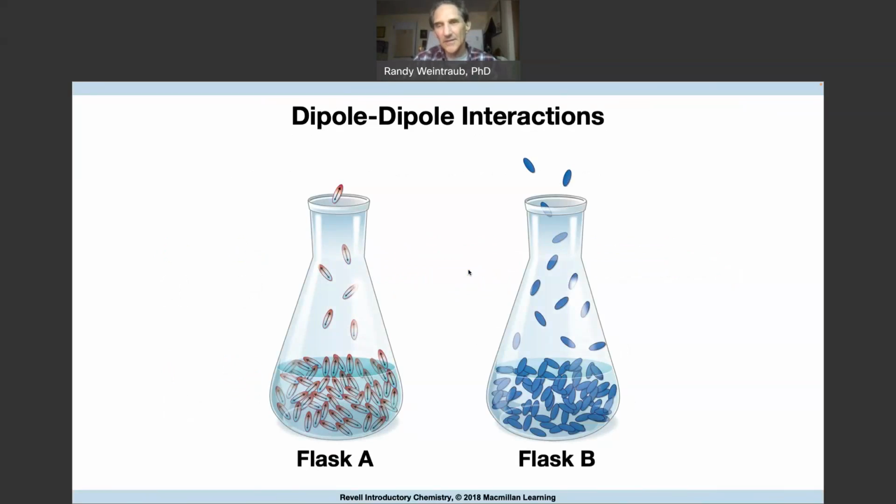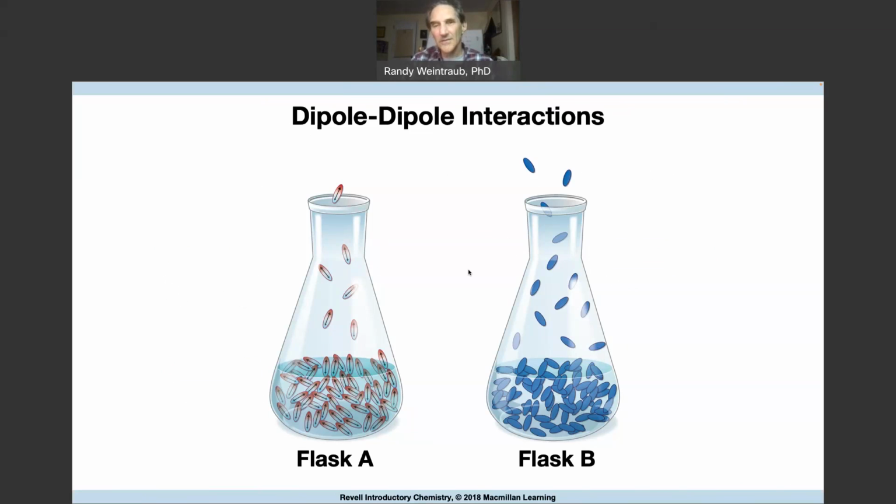To illustrate this idea, let's consider these two flasks. The molecules in flask A have a molecular dipole, while in B, they do not.